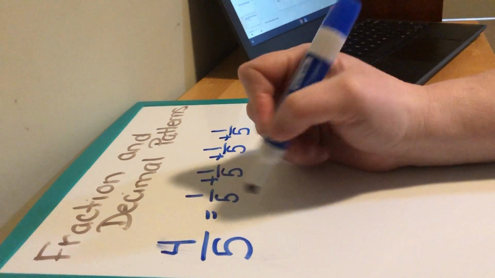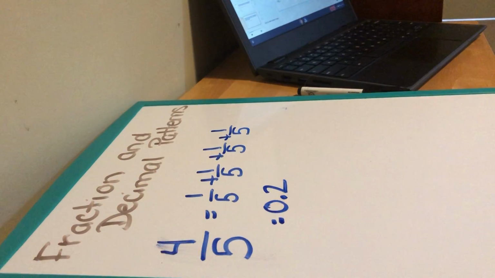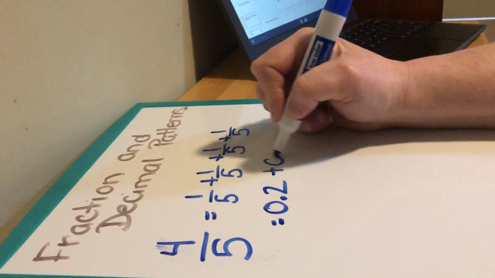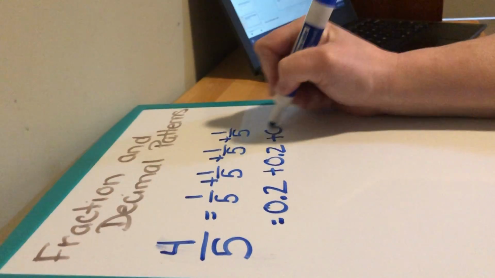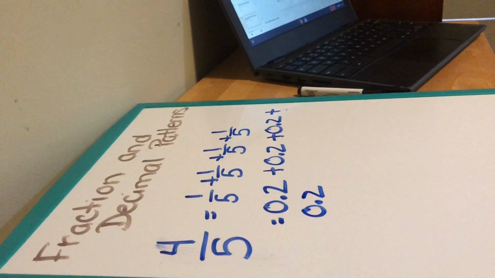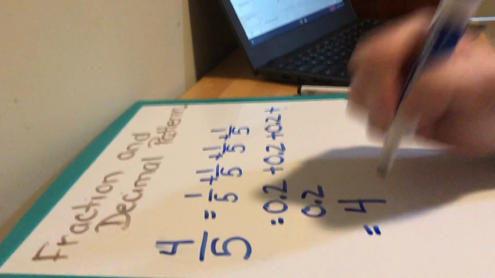And I know that my unit fraction is 0.2. 1/5 equals 0.2. So I could write it 0.2 plus 0.2 plus 0.2 plus 0.2. Or, being a smart grade 6/7, I know that I need 4 of them.